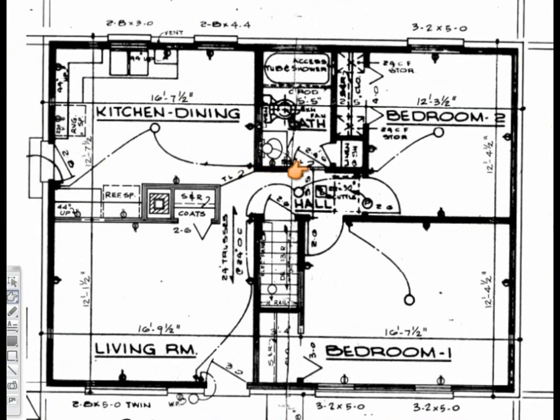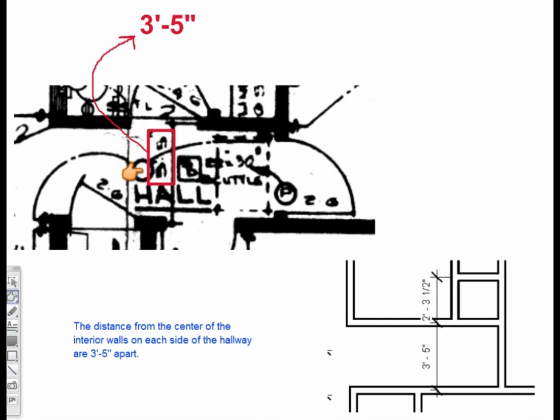The next two walls you will create will be the wall that starts to lay out the hallway and the vertical wall that is in bedroom 2. On the construction documents, the dimension that is in the hallway between this wall and this one has a dimension of 3 feet 5 inches.